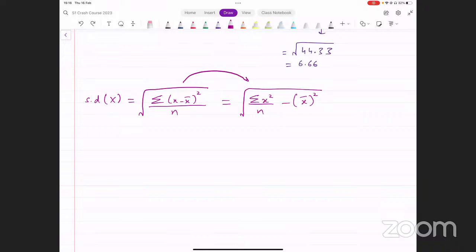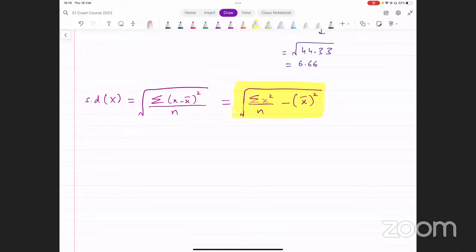But both formulas are given in the formula sheet, and you would realize that using this second formula is much more efficient in most situations because the calculations become a lot simpler. You will find yourself using the second one a lot more because it is quicker.